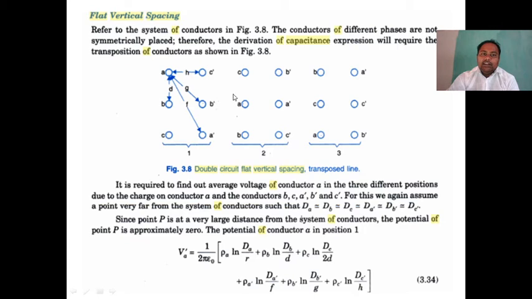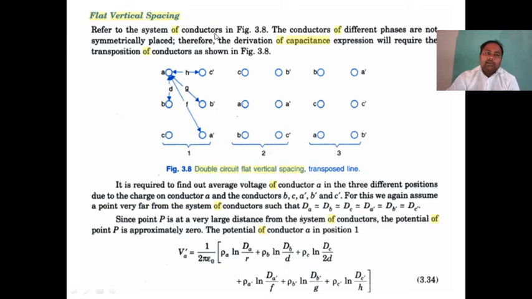B dash in second position, next first position, next third position. C dash in first position, next third position, next second position. We change the conductors at regular intervals because this is a transposition, to achieve the same voltage drop and to nullify the radio interference problem.